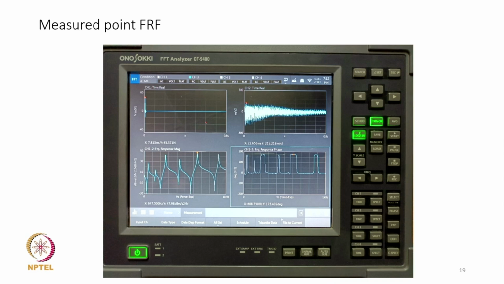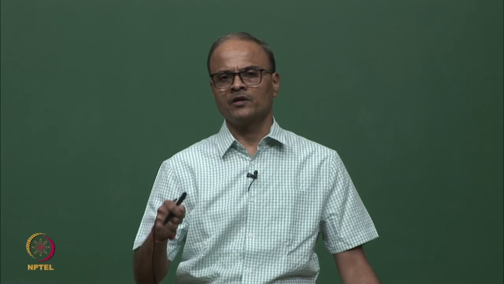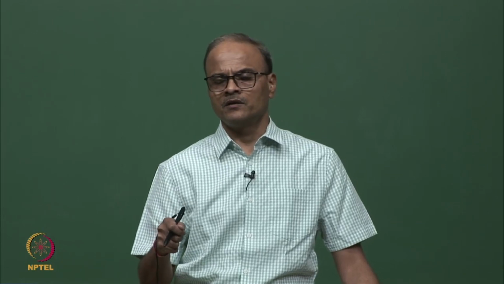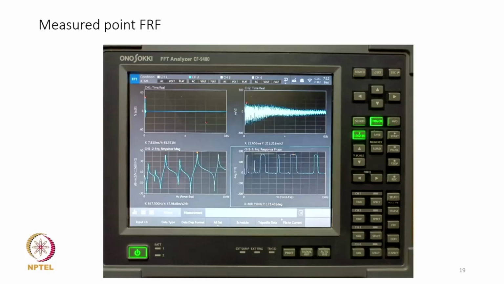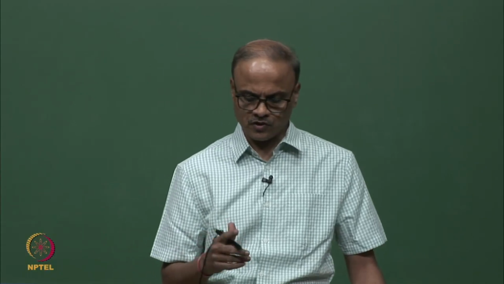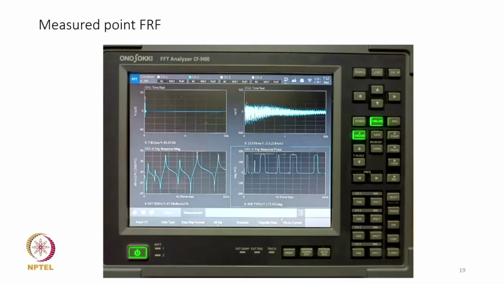So this now finally shows the measured point FRF. We applied impact at the location where the accelerometer is fixed, the same location. So the measurement will give us the point FRF, or what is called the driving point FRF. The signals were recorded, and the force signal and the response signal are shown in the top two figures.